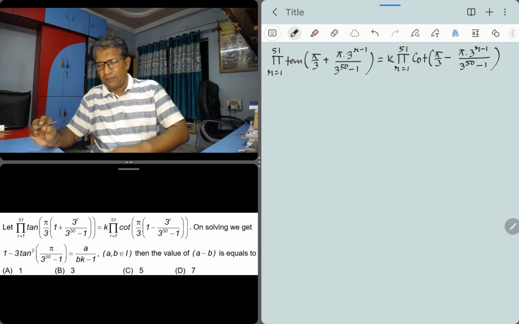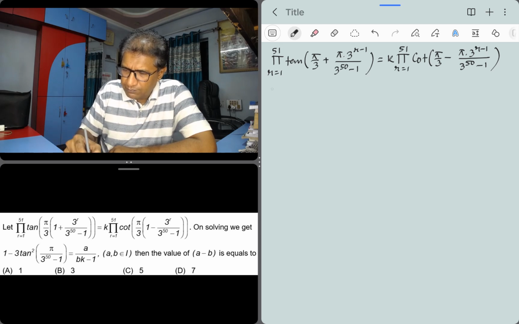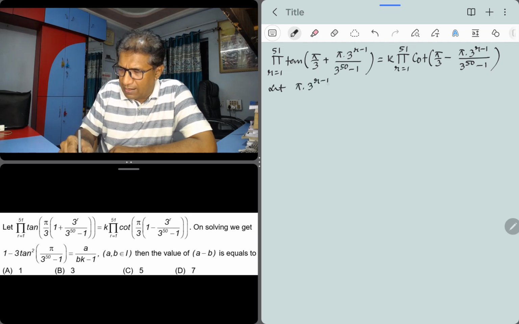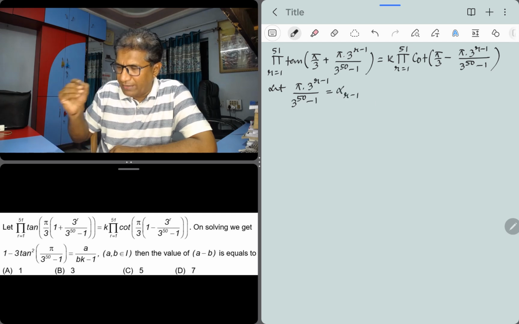Is it clear? Now let us assume pi into 3 to the power r minus 1 by 3 to the power 50 minus 1 as alpha suffix r minus 1.